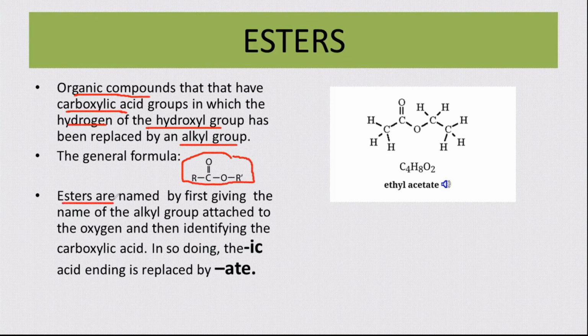So esters are named by first giving the name of the alkyl group attached to the oxygen and identifying the carboxylic acid. In carboxylic acids the ending is IC, but in esters, the ending IC is replaced by ATE.